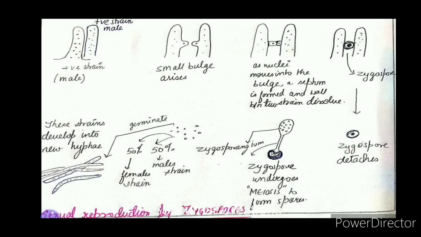The zygospore undergoes meiosis to produce a lot of spores, which germinate, males and females, everything. These strains develop into new hyphae. So this picture gives you clear information about zygospores, sexual reproduction by zygospores. You can see this picture clearly.